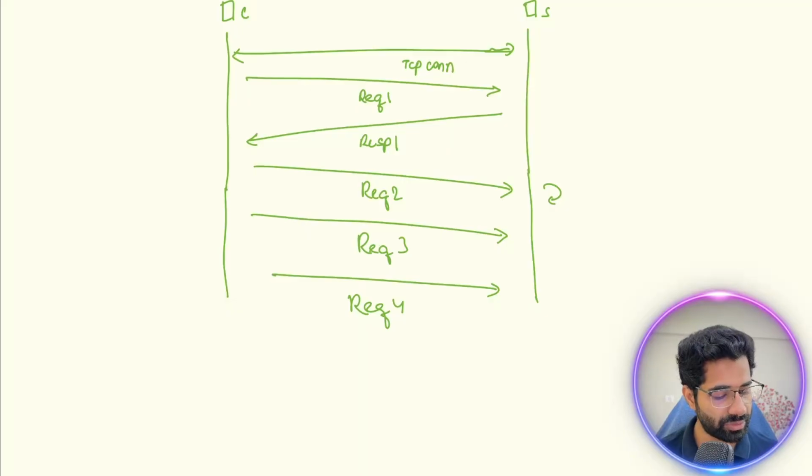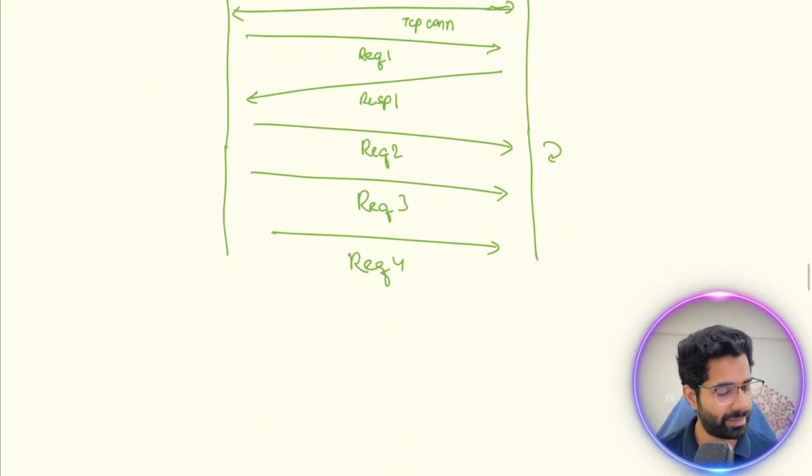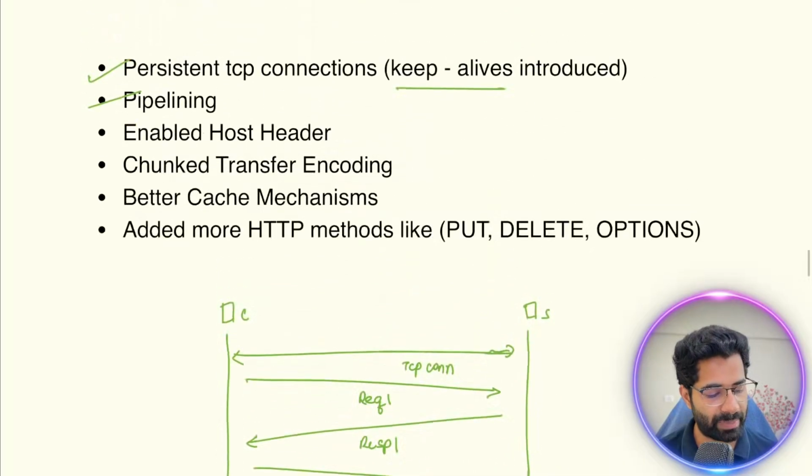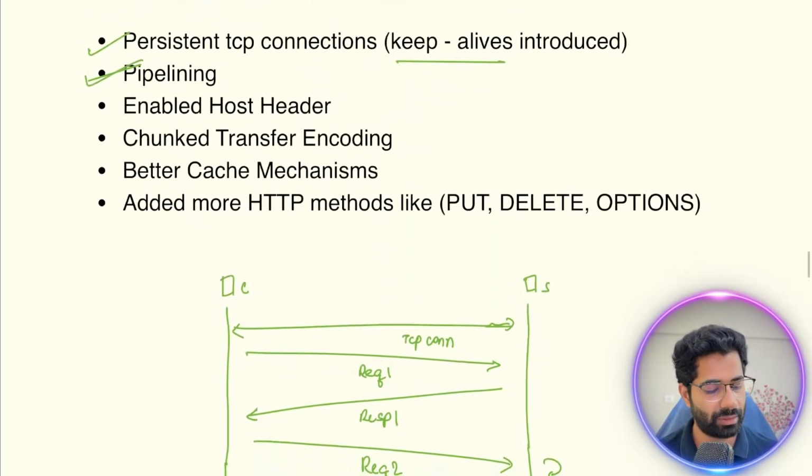This was pipelining. The server would then send the responses back one after the other. Pipelining was enabled because you had a persistent connection, so the same TCP connection could be used between the same server and client.